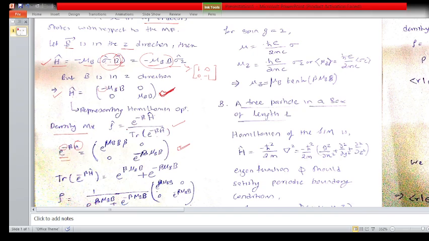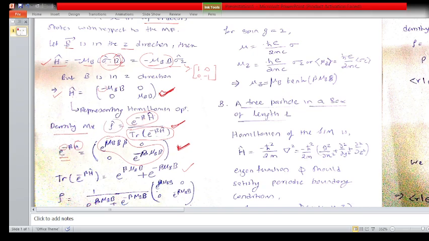We have already written e raised to minus beta h here, and now we have to consider its trace. What is the trace of that matrix? It is nothing but the summation of the diagonal elements, and that is e raised to beta mu b B plus e raised to minus beta mu b B. And if you divide e raised to minus beta h by the trace of e raised to minus beta h, then you will get the density matrix.